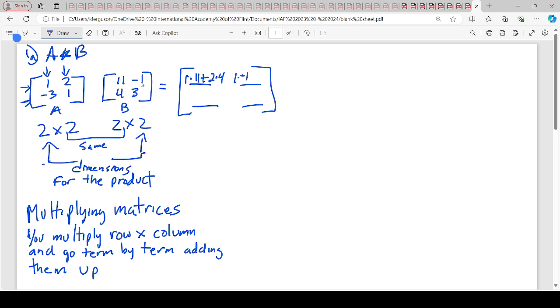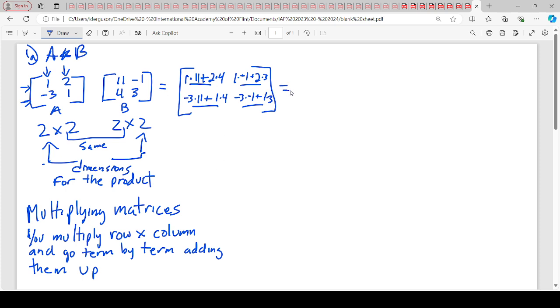So 1 times a negative 1 and then 2 times 3. So that's plus 2 times 3. Then I'm going to go to the second row. So negative 3 times 11 plus 1 times 4. Then I'm going to have negative 3 times negative 1 plus 1 times 3.